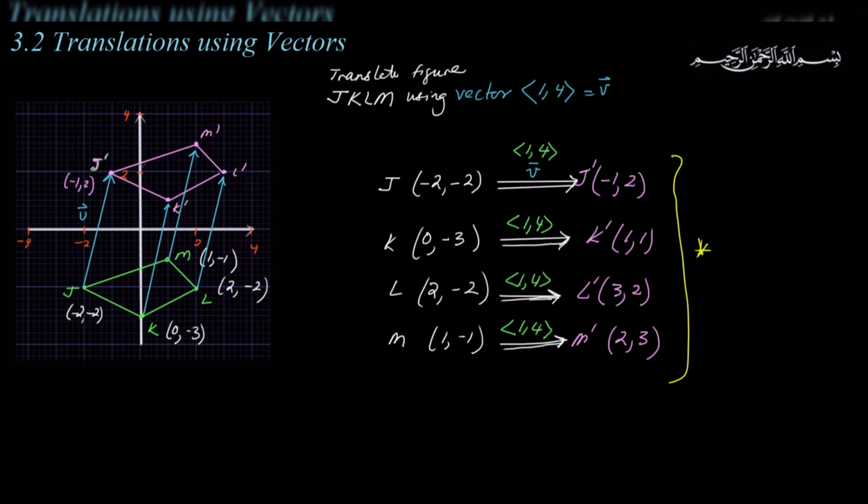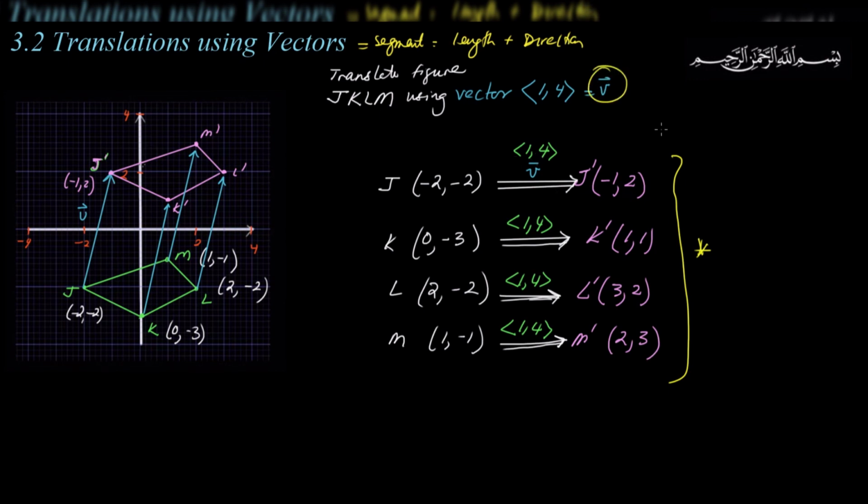So as a review, vectors are very useful. Vectors are segments that have a particular length and a particular direction. That's very important, and they can be written using lowercase letters, or they can be written using their endpoints, the tail and the tip.